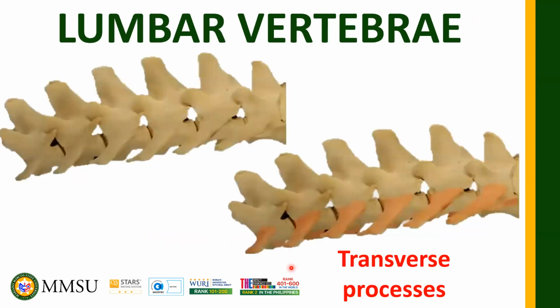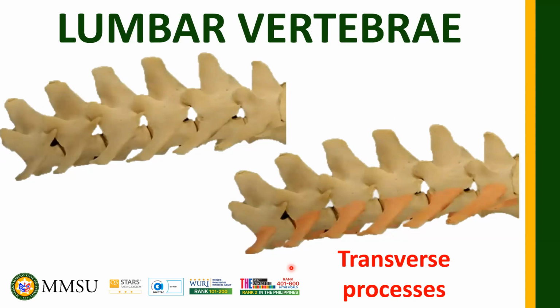Okay, then we have the lumbar vertebrae, which is on the lower back or on the loin region. So ito naman is more on tawag nito, yung mga processes. We have the transverse, the accessory, and then we have the mammillary processes.